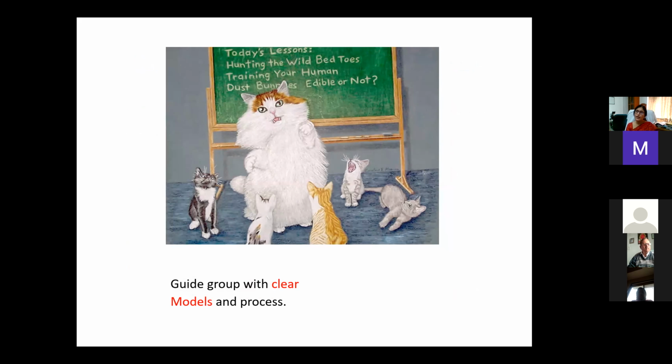If we ourselves do not give clear, crisp instructions, then that group discussion will go haphazard, and ultimately whatever you wish to achieve by the end of the discussion won't be achieved. So as a guide, there should be clear models and processes for that particular group discussion.